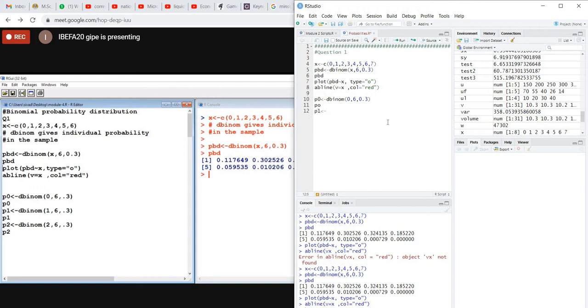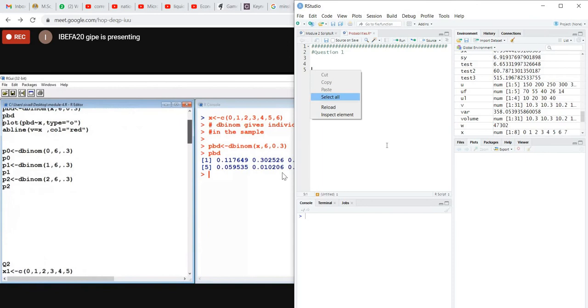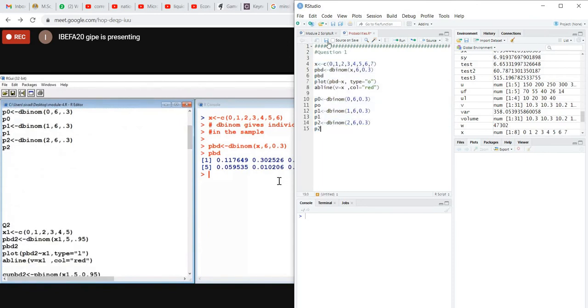I got the very first probability for 0 successes. The second probability is for 1 success, then 2 successes, 3 successes, 4 successes, 5 successes, and 6 successes. And we want the probability for 0, 1, and 2.